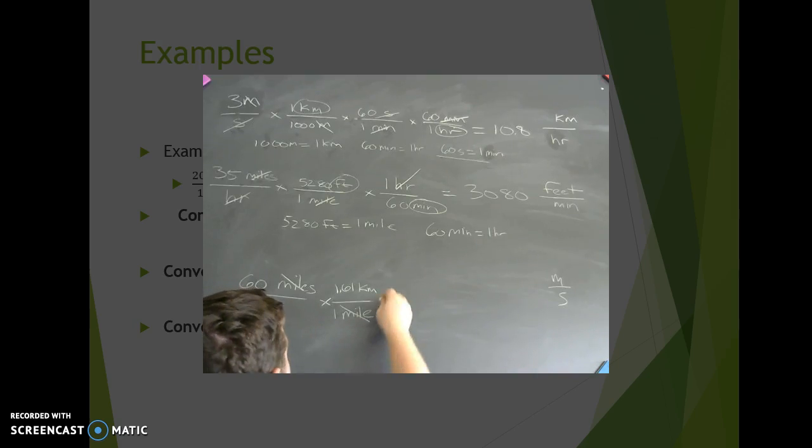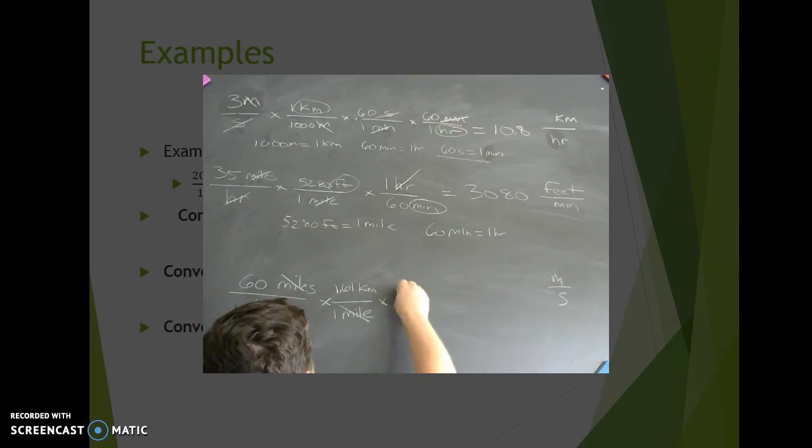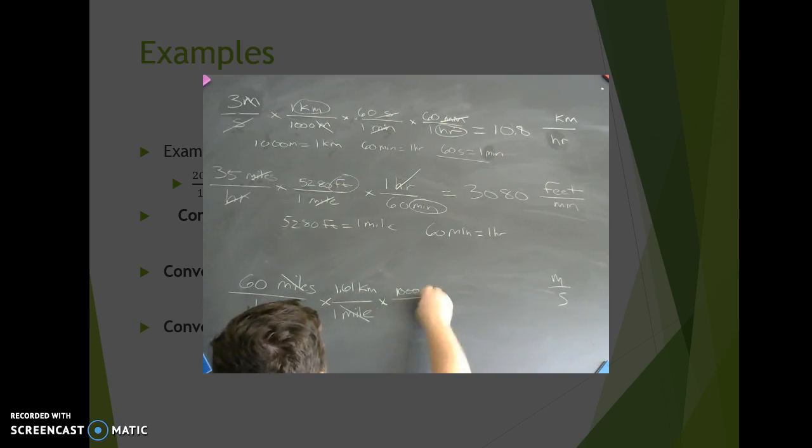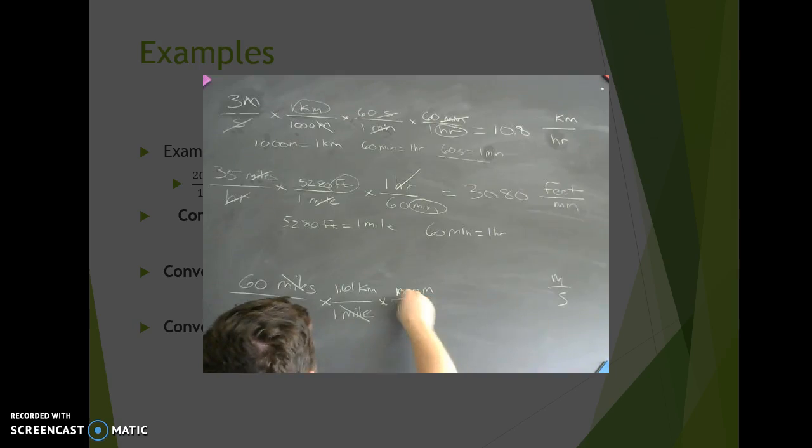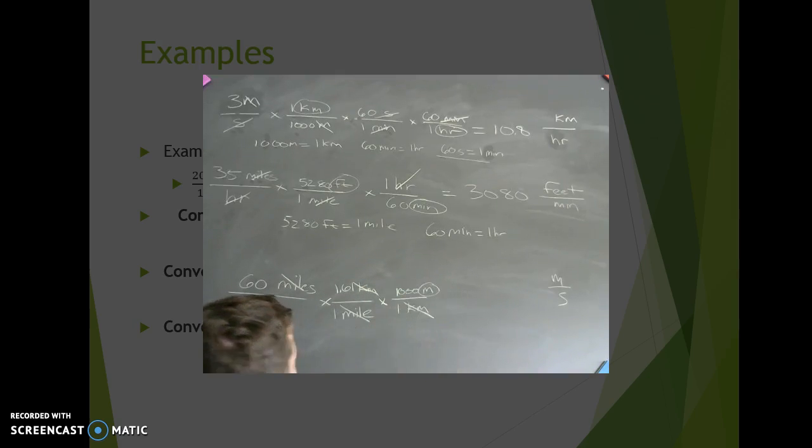My next step, I'm going to move from kilometers to meters. I know there's 1,000 meters in 1 kilometer. Once again, because I have this set up properly, the kilometers cancel, and I'm now in my meters unit, which is what my final answer needs to be in. All right, my final 2 steps, I want to move from hours to seconds.